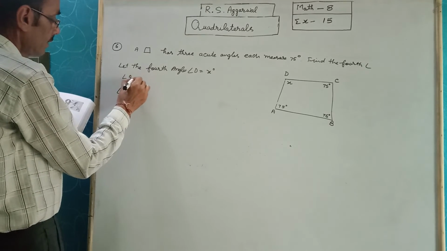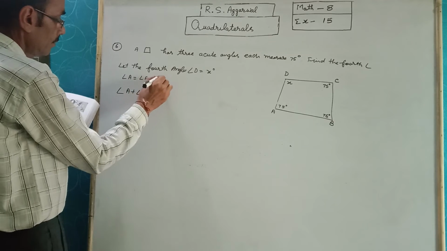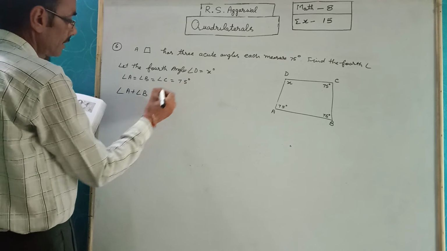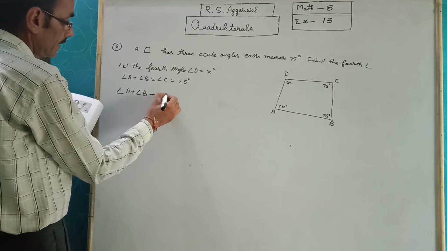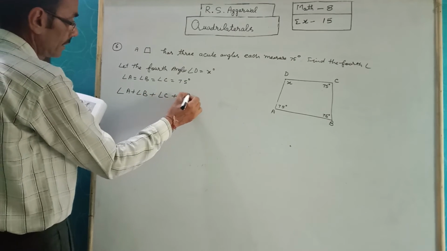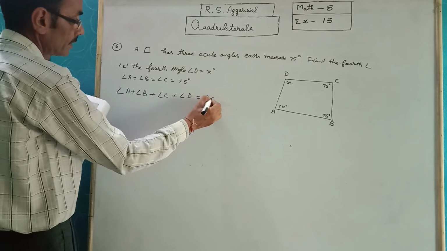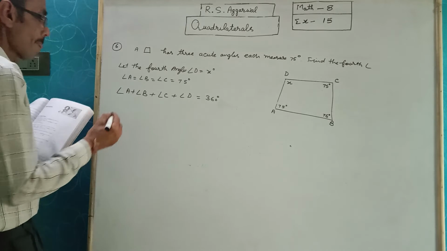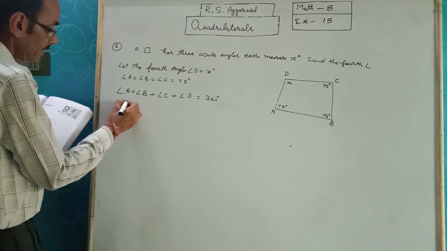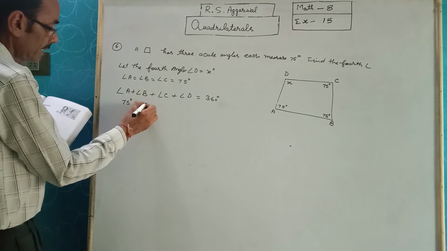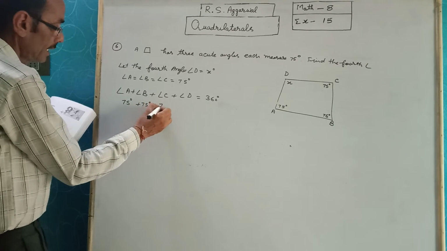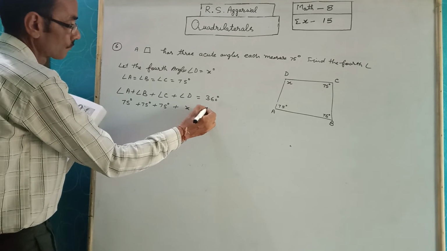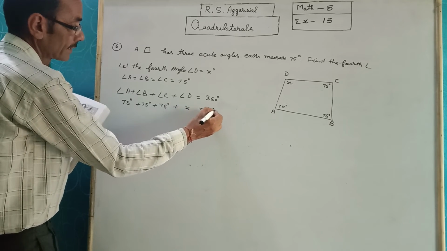Angle A equal angle B equal angle C is equal to 75 degree. A plus B plus C plus D is equal to 360 degree. Now put the value. 75 plus 75 plus 75 plus x is equal to 360 degree.